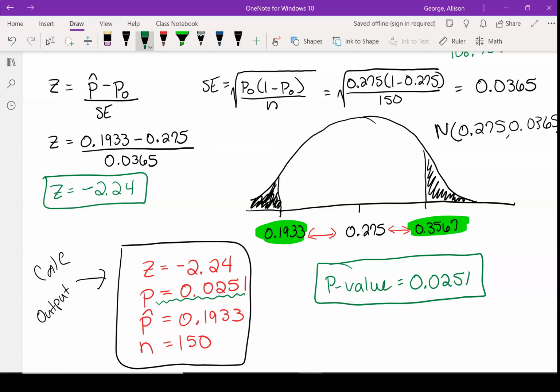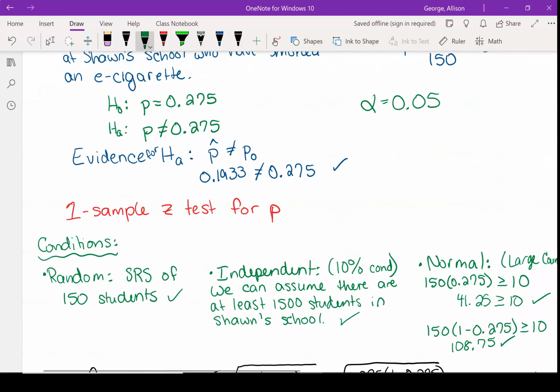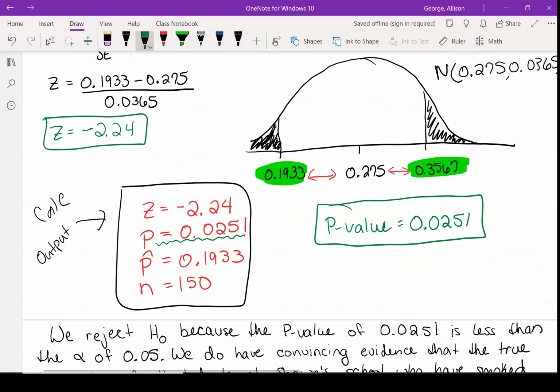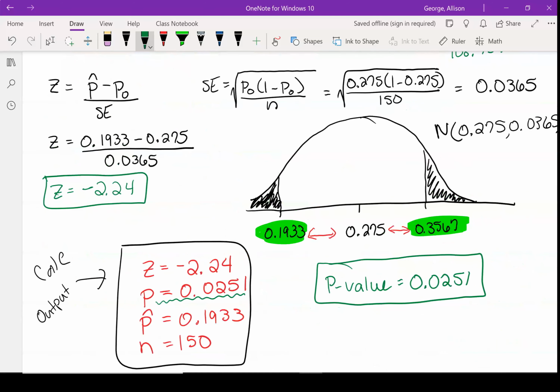All right, now that we have our p-value, then we can move on to what section 3 is, and that's where we make our judgment call. So we are comparing our p-value against our alpha. We were using an alpha of 0.05, and so we have to check our p-value against that. Our p-value is smaller than our alpha. So back on Monday, we talked about how to make our conclusions, whether we're rejecting or failing to reject.